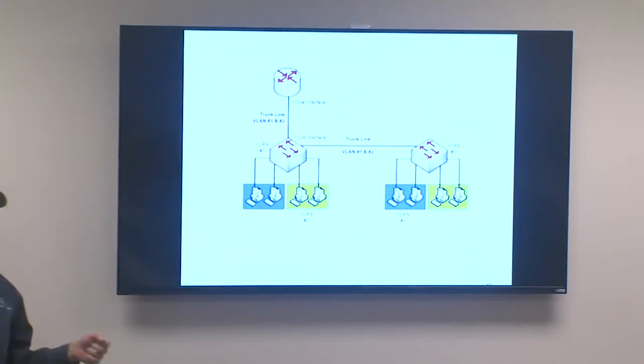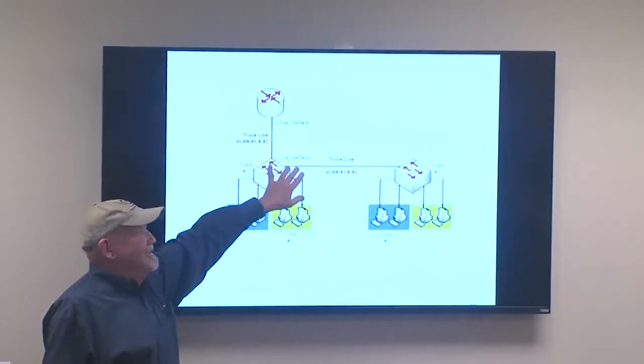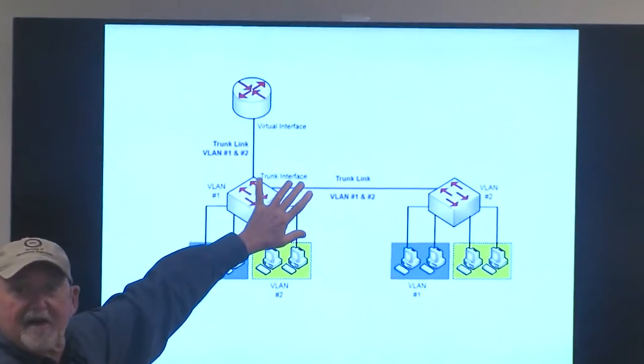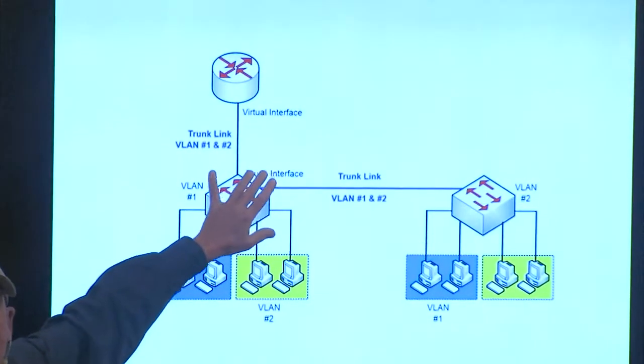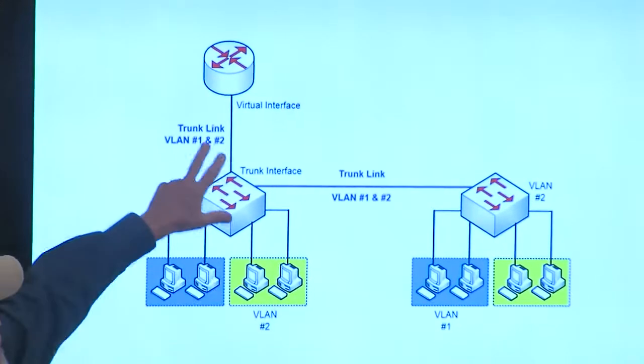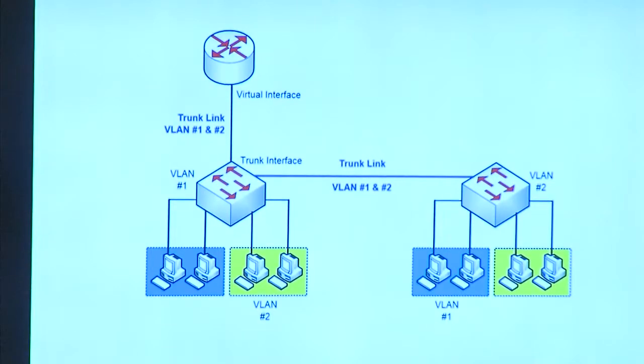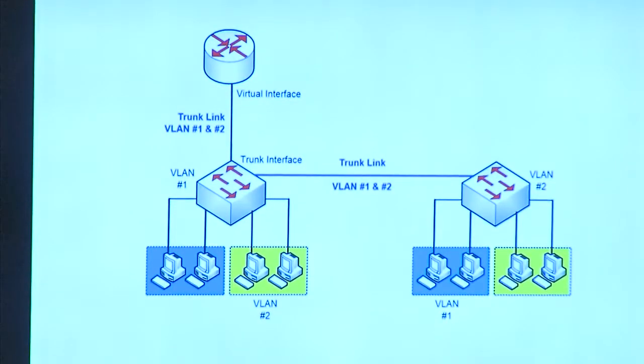That could be a twisted pair cable. That could be fiber optics. I would use, of course, a trunk or a tagged interface on my switch side, right? But there is no such thing on a layer 3 router, but there is a virtual interface. I can use sub-interfaces, and when we get to our configuration section, we'll talk about that.